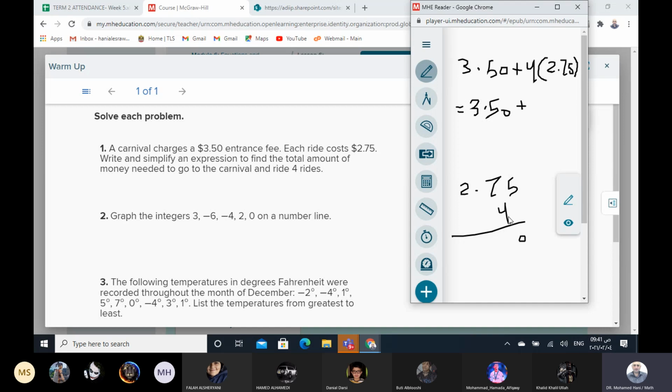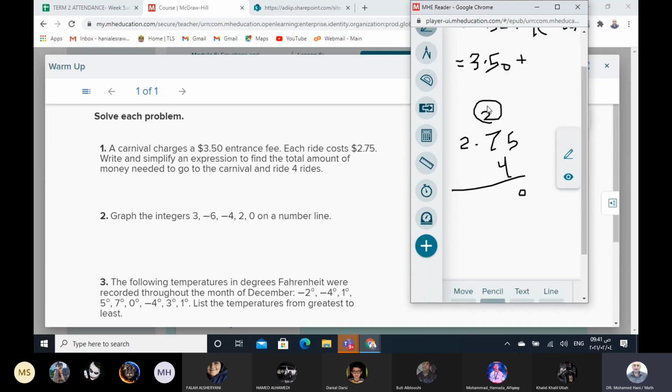Okay, 4 times 5 will be 20. 4 times 7 will be 28, plus 2 will be 30. 4 times 2 will be 8, 8 plus 3 will be 11. Then here we have 2 digits after the point, so we put the point after 2 digits.